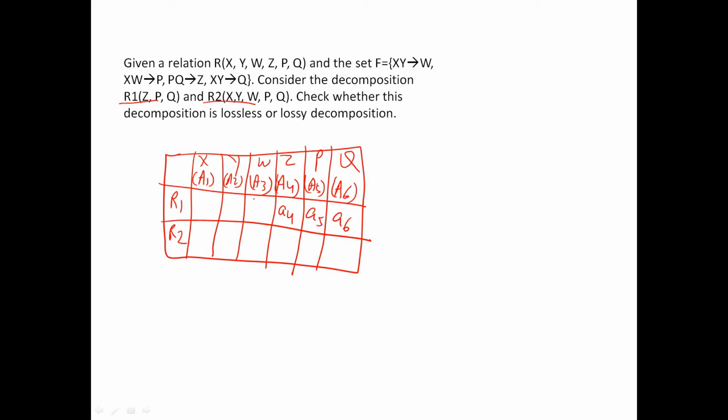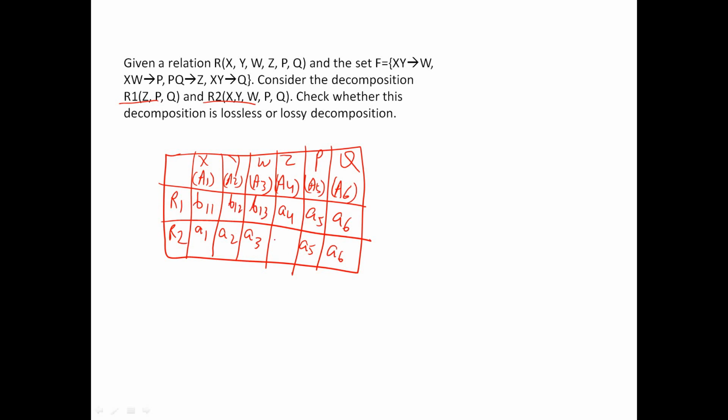In R2, what are the columns? That is XYW and PQ, so A1, A2, A3, A5, A6. So for R1, there is no XYW, so I can fill that using the B index: B11, B12, B13.